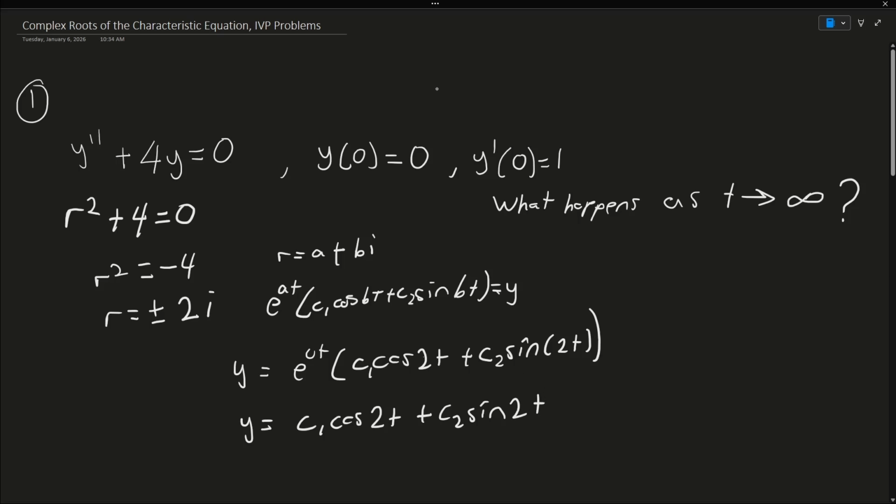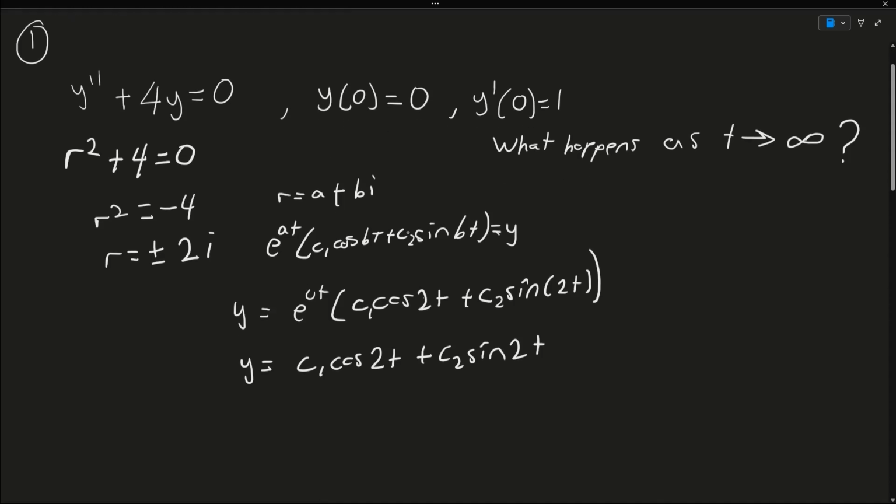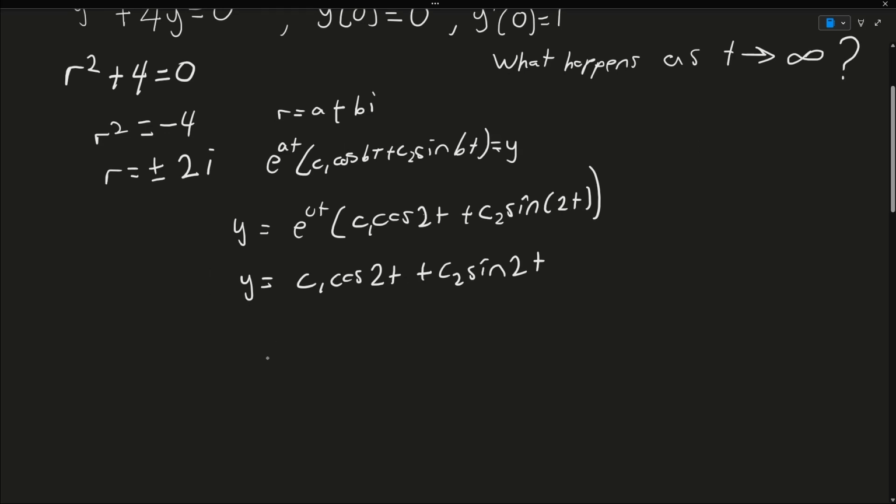Now we can make use of these initial conditions to solve this differential equation for a particular solution. Let's plug 0 in for y(0) to see what happens. So y(0) will be c1 times cosine of 0. Cosine of 0 is 1, so I'm just going to erase that.